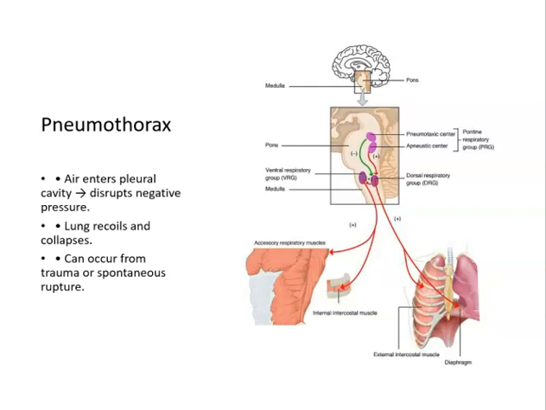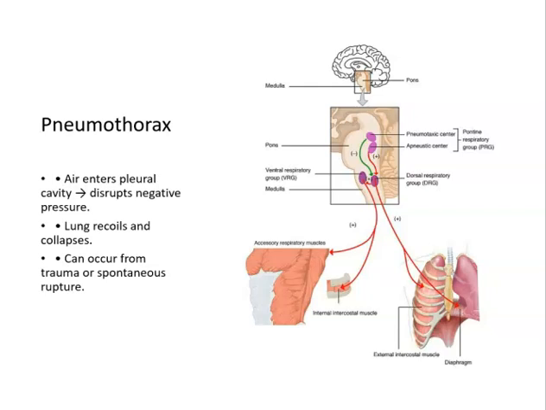This can occur from trauma or can also occur spontaneously. When that negative pressure is lost, the lung can't stay expanded, so it recoils inwards. So that negative pressure that was in the intrapleural space, or in the pleural space, is lost, and so then the lung just squeezes up into a little ball.